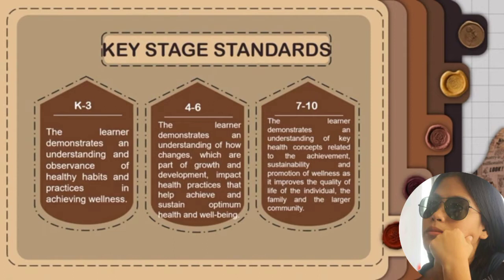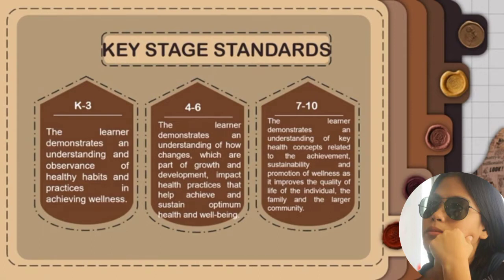In this key stage standard, we can see that in different stages, they have different criteria that they need to attain as a student in the health curriculum. So makikita natin na different stages sila, makikita natin na iba-iba yung criteria na kailangan nilang ma-attain as a student in health curriculum. So that is the key stage standard.